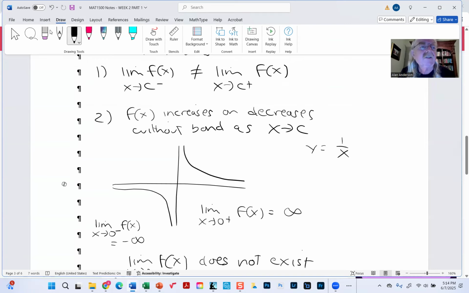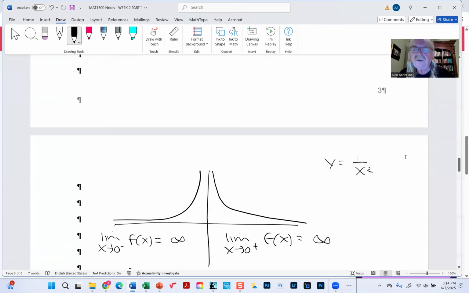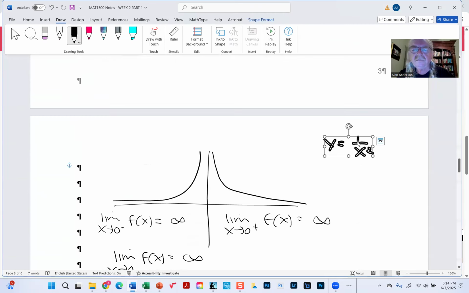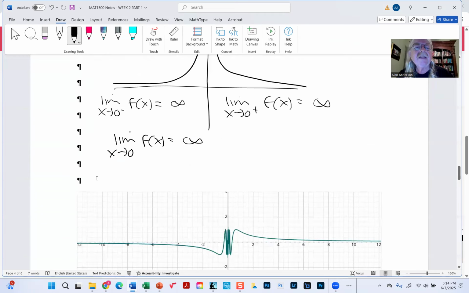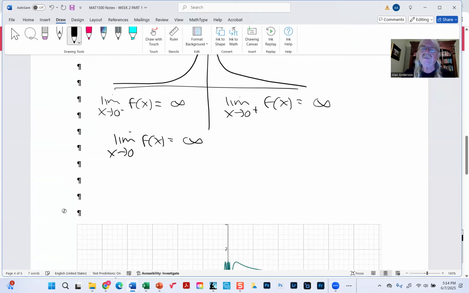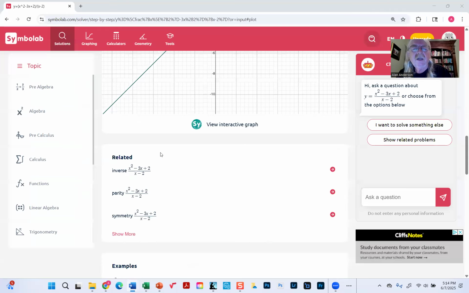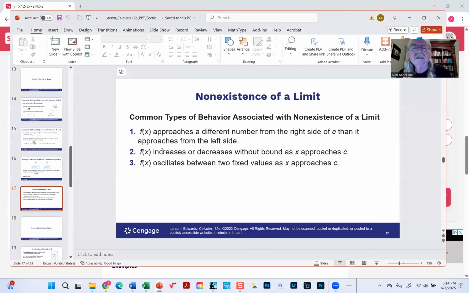Okay. Actually, let me make this a little neater over here. And this one would be y equals 1 over x squared. Okay. And then now here's a very bizarre case. It says that it oscillates between two fixed values as x approaches c.